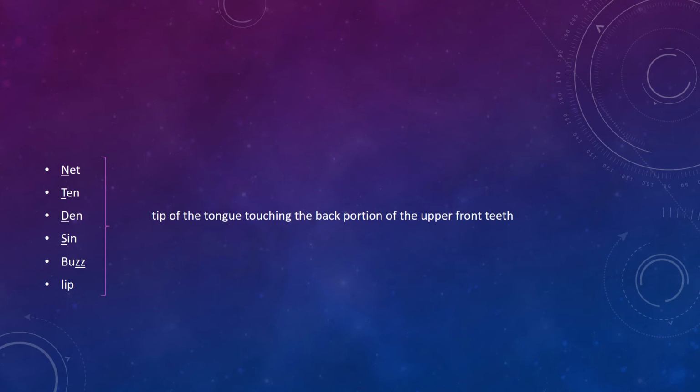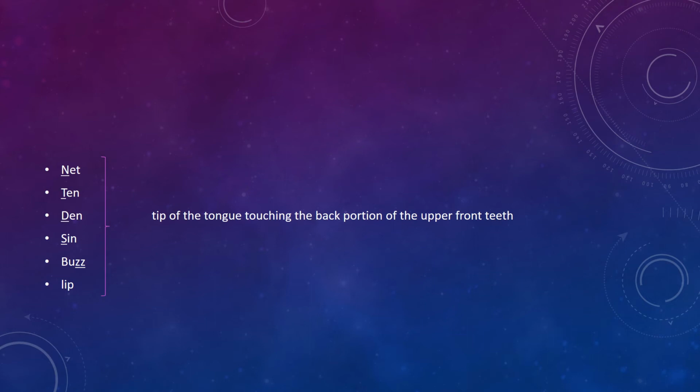The next set of speech sounds or consonant sounds are n, t, d, s, z and l, as in net, ten, den, sin, buzz, lip. Do you think that there is any similarity in the articulation?